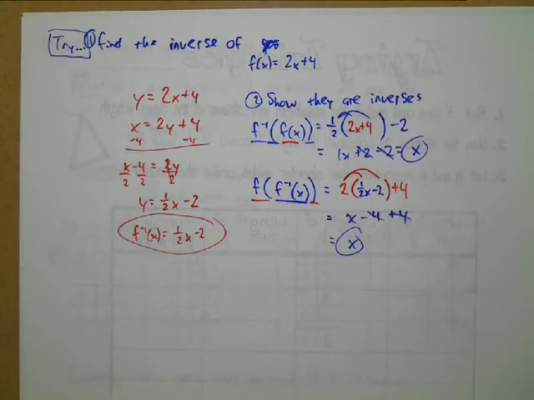Okay? That is how we show that we got the right inverse. If you plug the function into the inverse and you get x, and if you plug the inverse into the function you get just x, then you know that they are inverses.